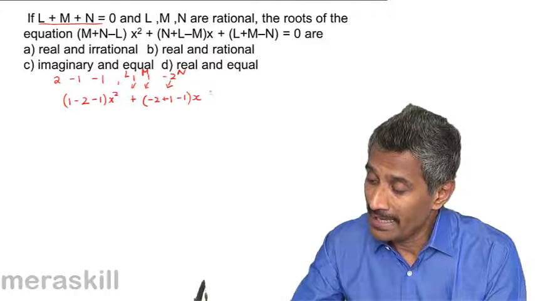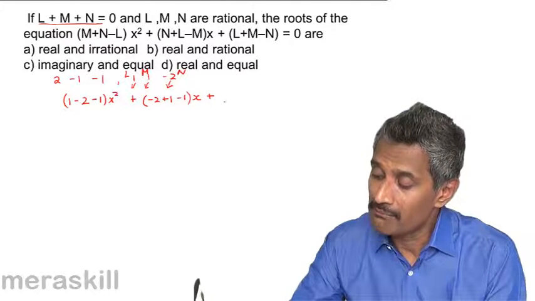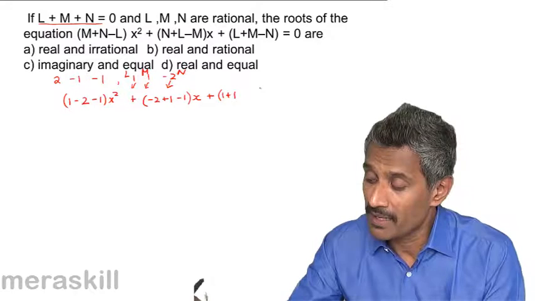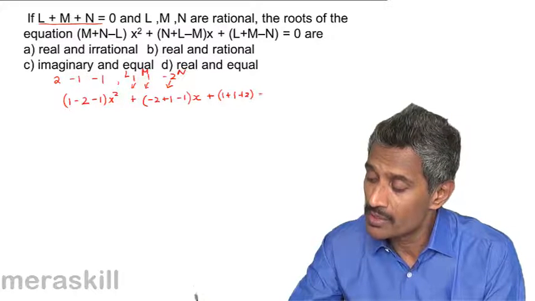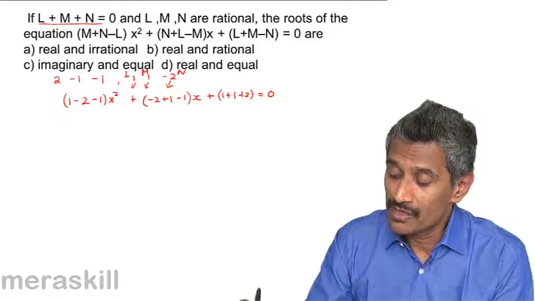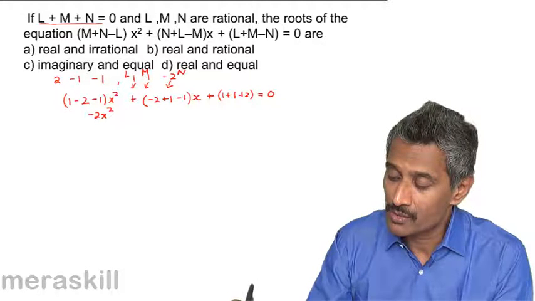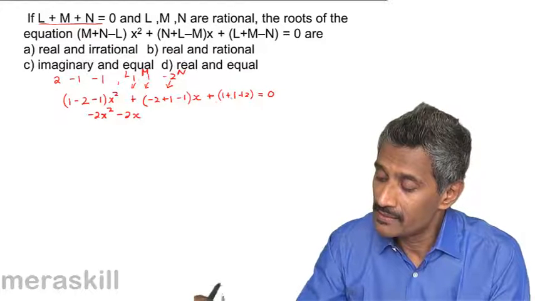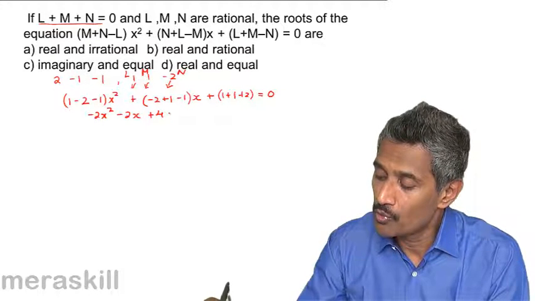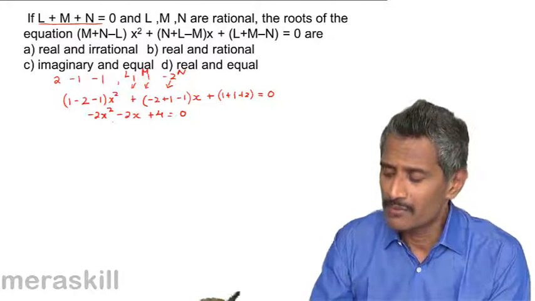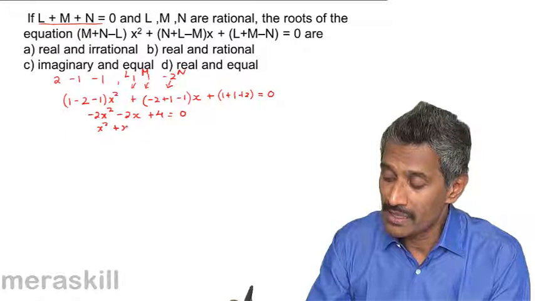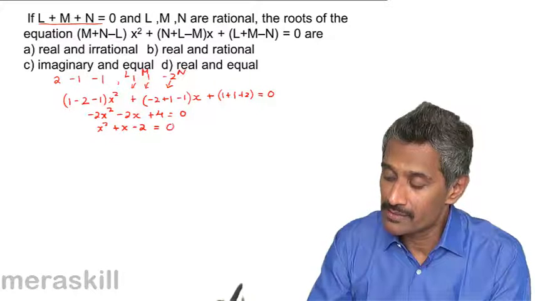And plus L plus M minus N. L plus M minus N means 1 plus 1, minus N means minus of minus 2, plus 2, is equal to 0. So this will give you minus 2x squared minus 2x plus 4 is 0. To make it simple, we can cancel away minus 2.